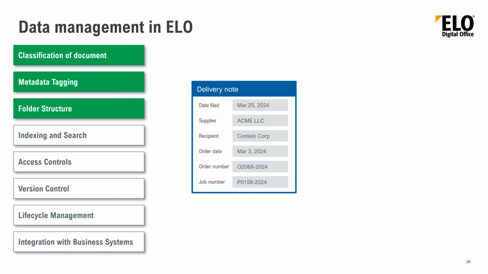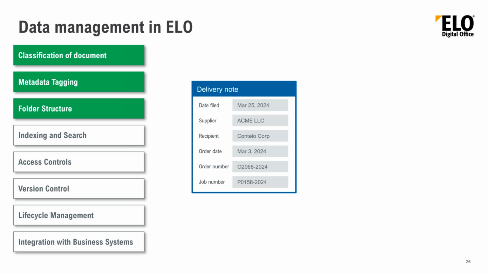So we need to index the documents as well and make them searchable. And you can define in the repository if the document is searchable, if the full text information from the OCR is also available for searching or not.